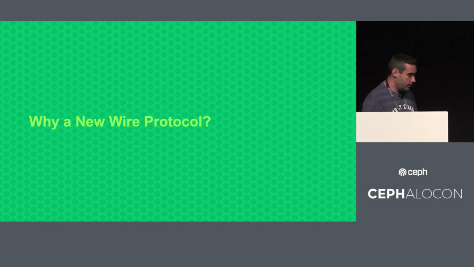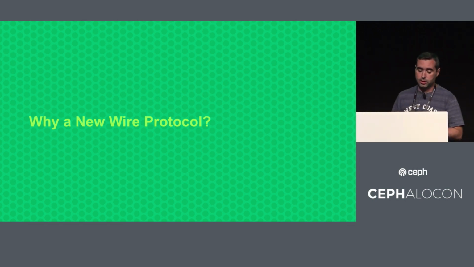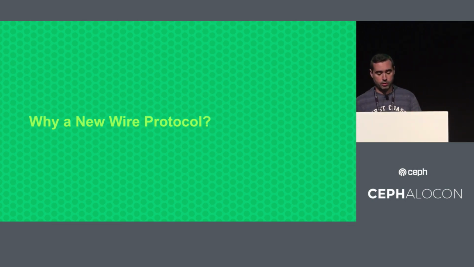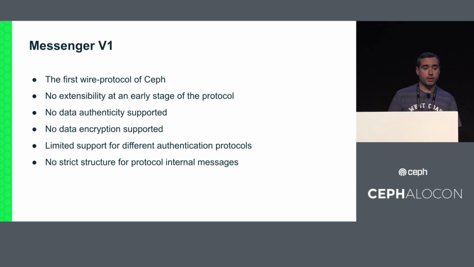So why did we need to design a new protocol? Why was the existing one not enough? Messenger v1, or just Messenger, was the first wire protocol in Ceph, so it was there since the beginning.